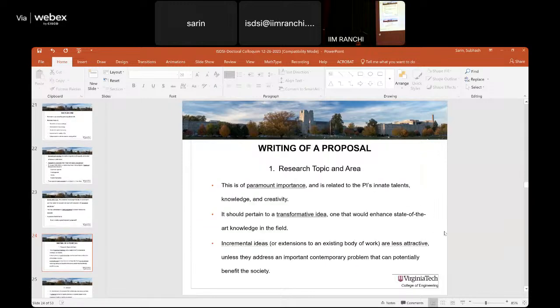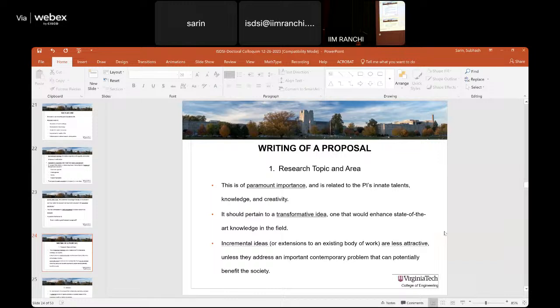So there are some ideas which may seem common knowledge, but I think we tend to overlook these when we develop proposals. So I just want to emphasize some important pieces of a research proposal that we ought to be very carefully incorporating. So research topic is of paramount importance.